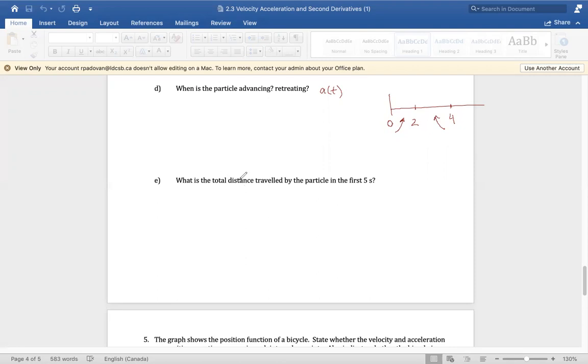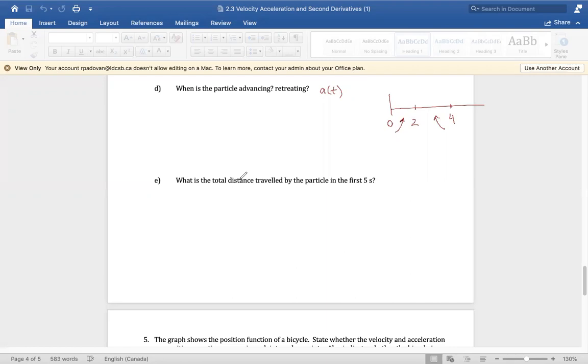So let's plug a value of 1 into our velocity function. If you go back to page 1 for horizontal movement: if velocity is greater than 0, the object is moving to the right. If velocity is less than 0, the object is moving to the left. That's advancing or retreating.